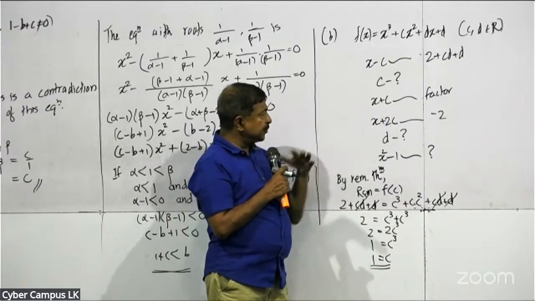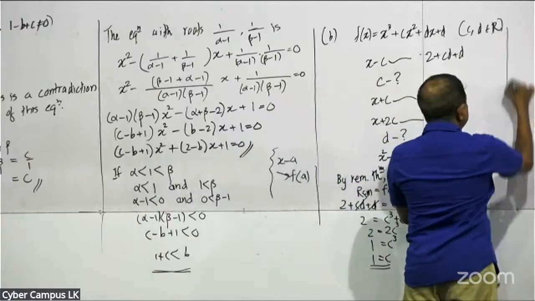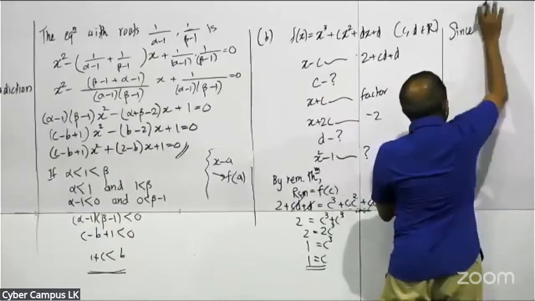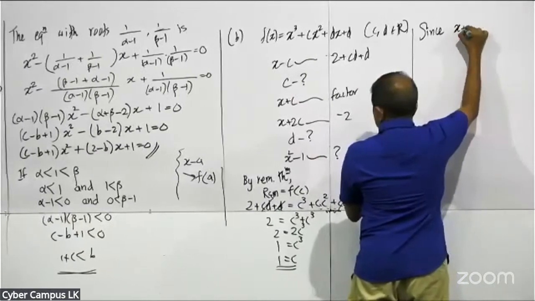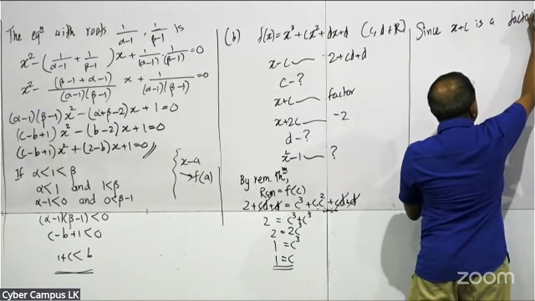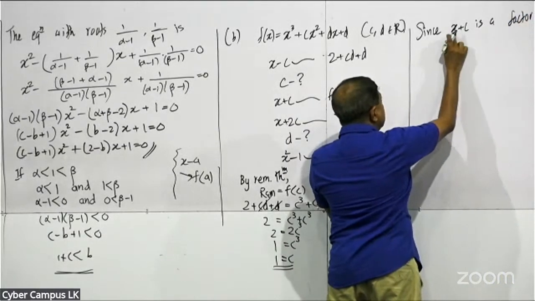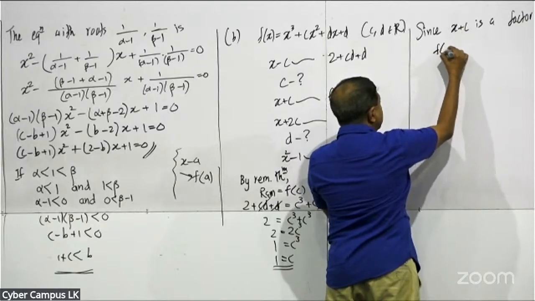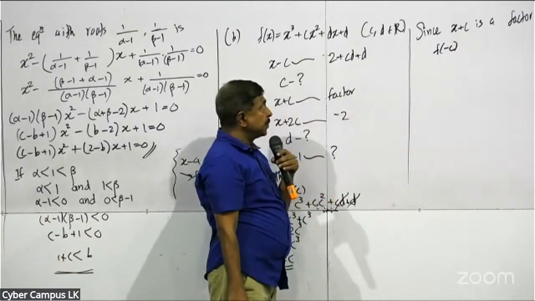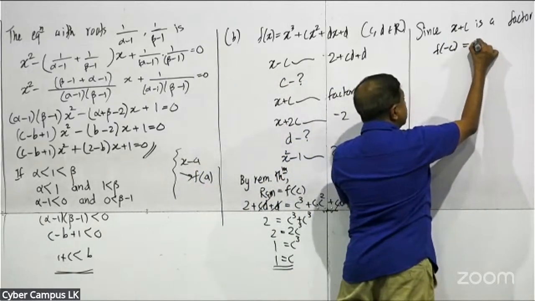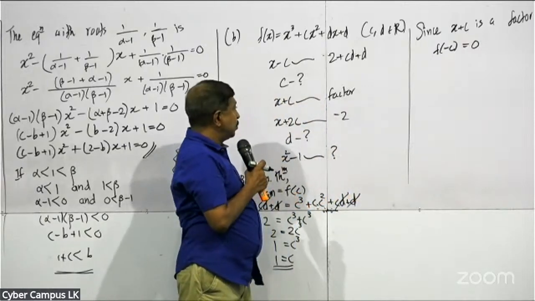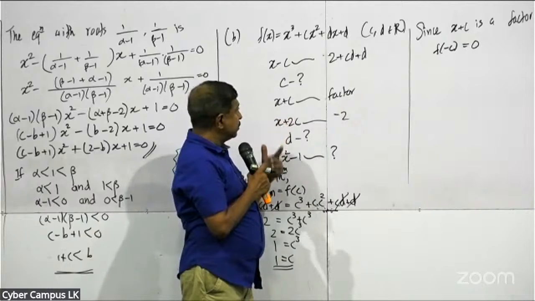Now, is this a factor? Once you divide it by x plus c, the remainder will be f of minus c, right? If it is a factor, the remainder should be 0. So I have to show that.